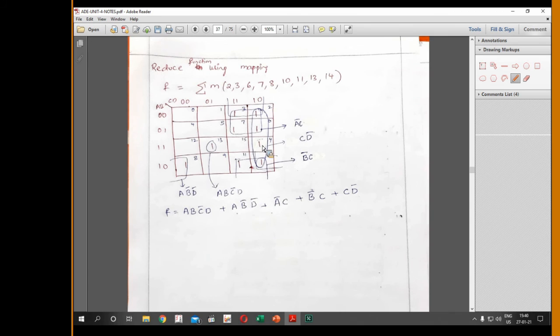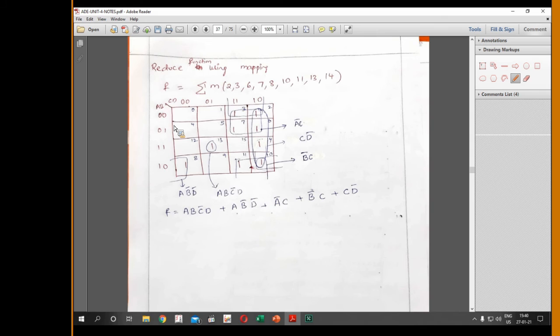These are assigned, placed with logical 1, since those minterm functional values are 1, and those which are not given in the function are left as they are, or you could also place zeros. So there is no need to place a zero in your simplification.